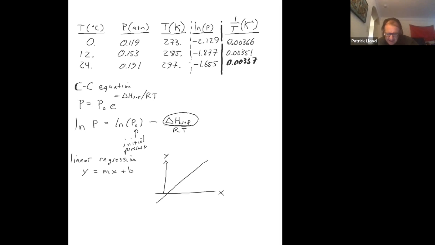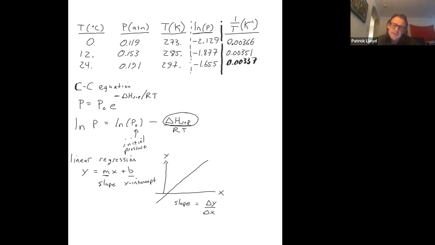Okay. And that line has two parameters. One is called the slope, and the other one is called the y-intercept. Okay. Now, the slope is equal to the change in y over the change in x.